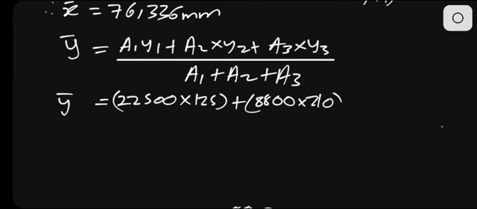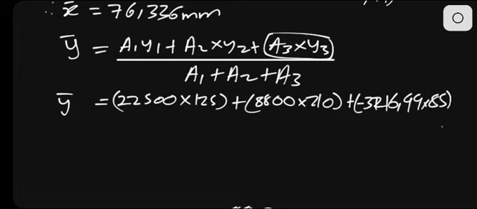We've seen that. But now area 3 is negative, plus negative 3216.99 multiplied by 85, as we're given there.